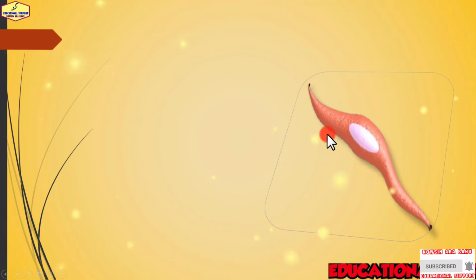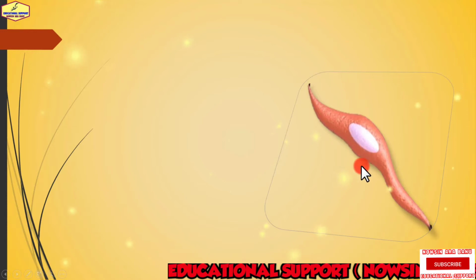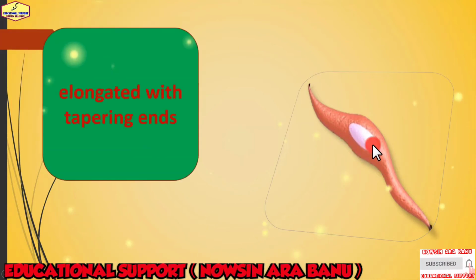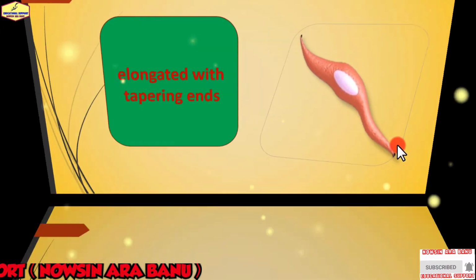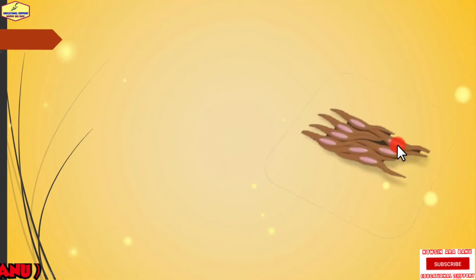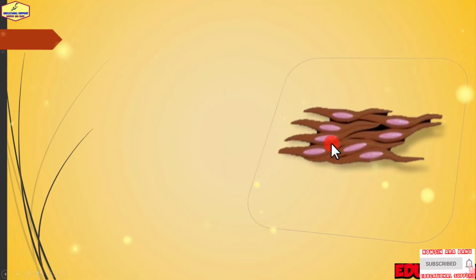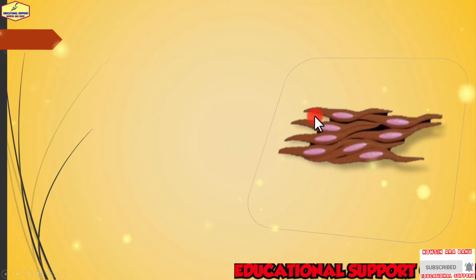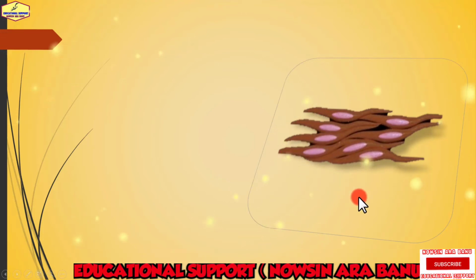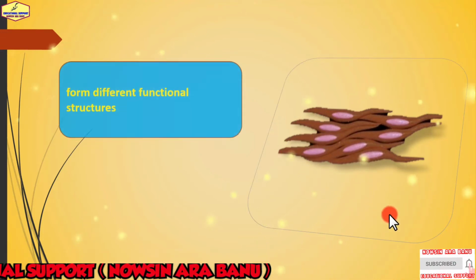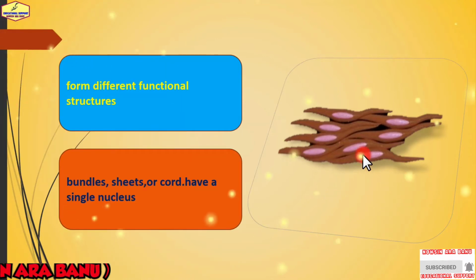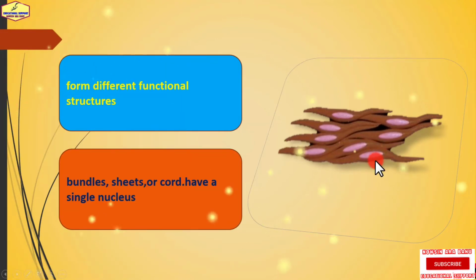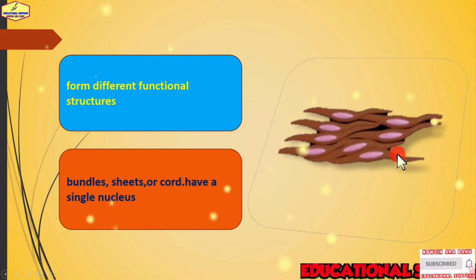Individual smooth muscle fibers are elongated with tapering ends, so that they can form different functional structures. These functional structures are bundles, sheaths or cords, and the fibers have a single nucleus.